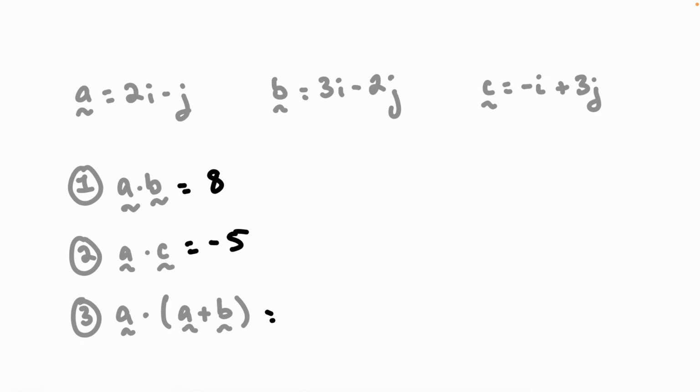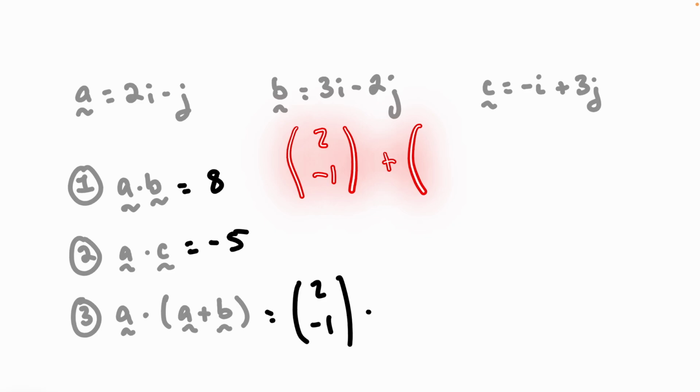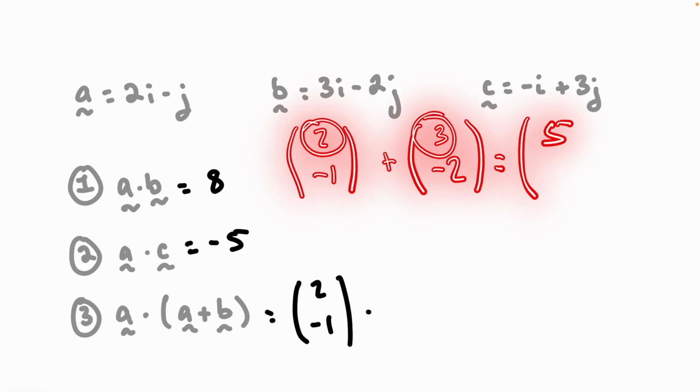Okay, so we do vector A. Vector A is (2, -1). Now we need to dot product it with whatever A plus B is. So let's work out what A plus B is. A is (2, -1) plus the vector (3, -2). To add them together, the i component and the i component give us 5. The j component added with the j component is -3.